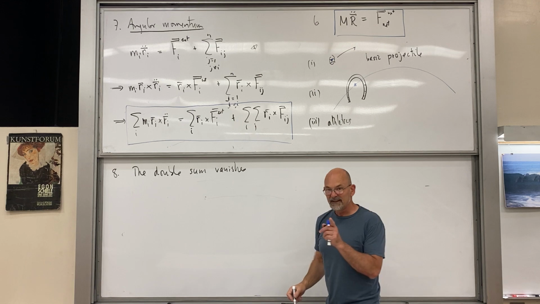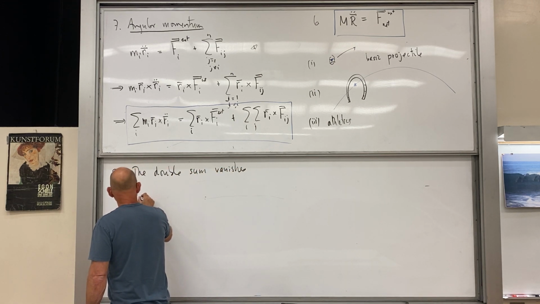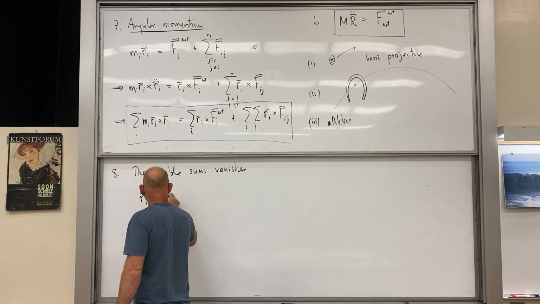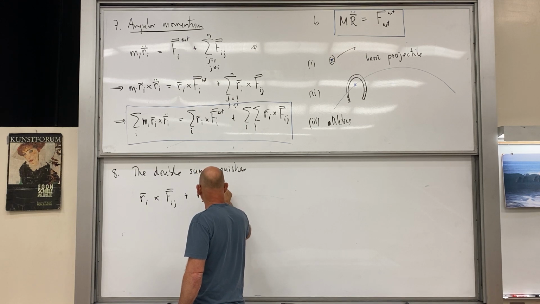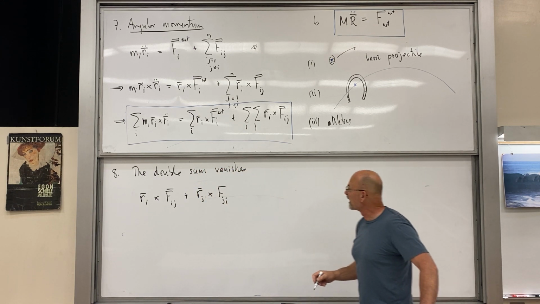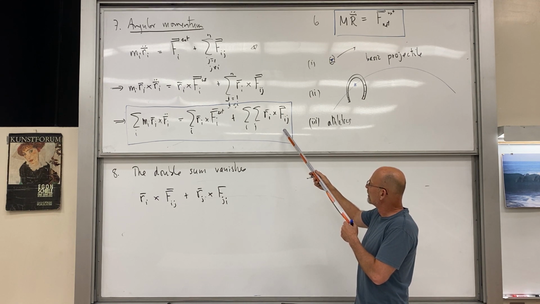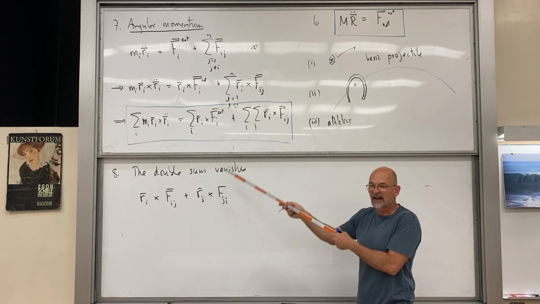And we'll take these things pairwise again. So we're going to look at Ri cross Fij plus Rj cross Fji. And so if we take all of the mixed pairs here, all of these Ij and Ji pairs, then that would cover the entire double sum.